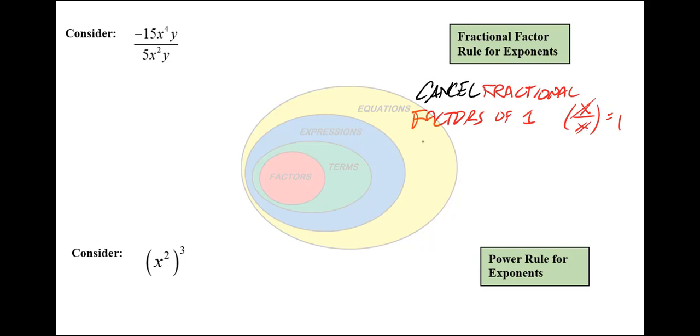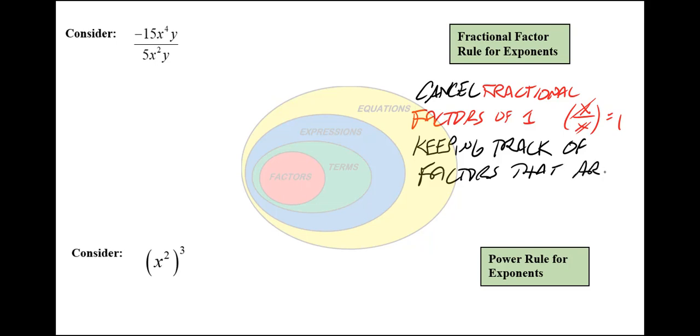But the main idea is to keep track of factors that are left. So if we notice the composition here, this is one fraction. The numerator is just one term, and the denominator is just one term. So everything in this expression, everything in this term is a factor.